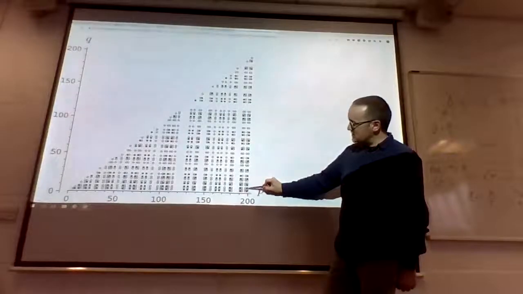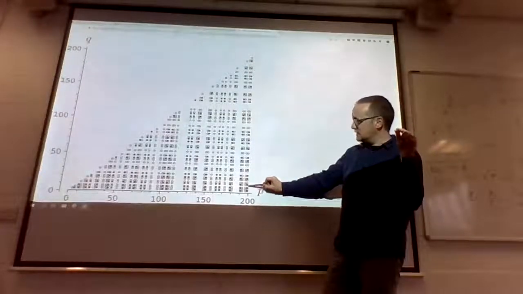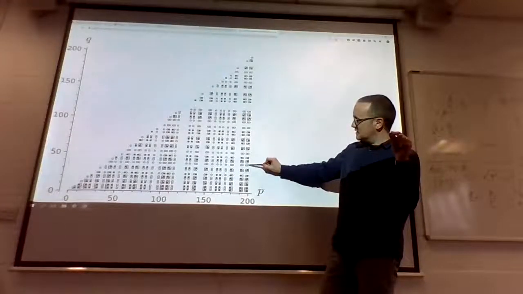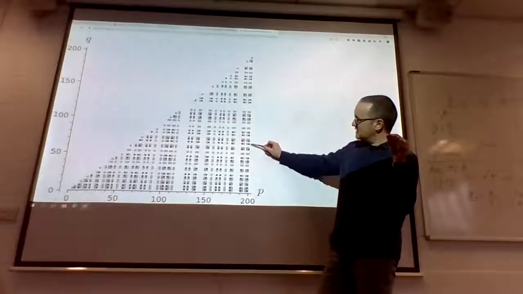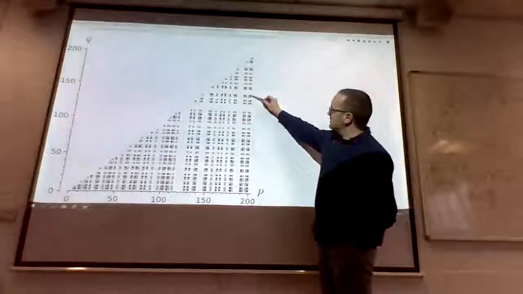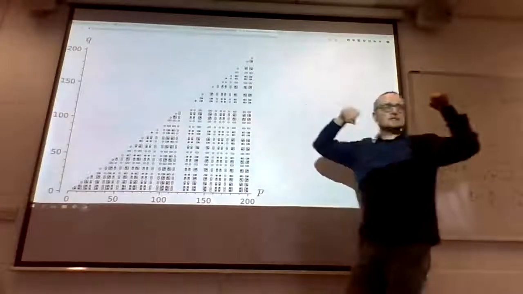Anywhere where you do have consecutive dots, they alternate. The black, white, black, black, white, white, black, white, black, white, black, black, white, black. So anywhere you've got immediately neighboring dots, they alternate. You never have two white dots beside each other. You never have two black dots beside each other.